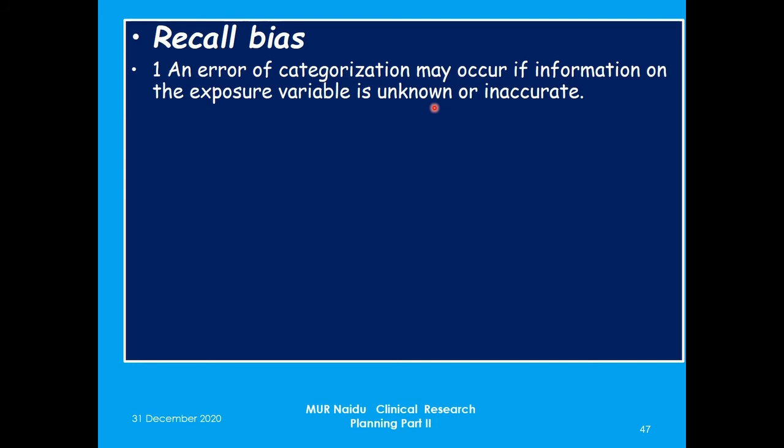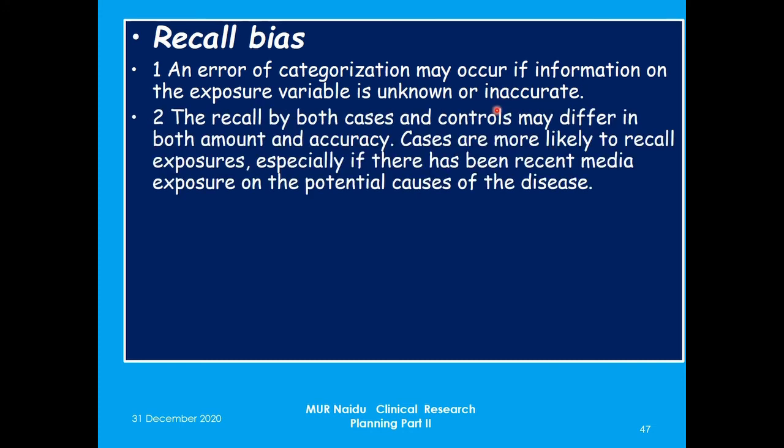It is an error of characterization that may occur if information on the exposure variable is unknown or inaccurate. The recall by both cases and controls may differ in both amount and accuracy. Cases are more likely to recall exposure, especially if there has been recent media exposure on a potential cause of the disease.